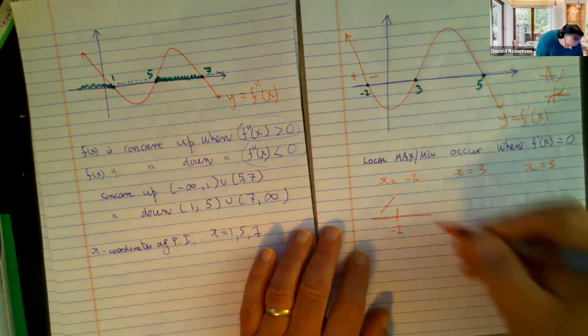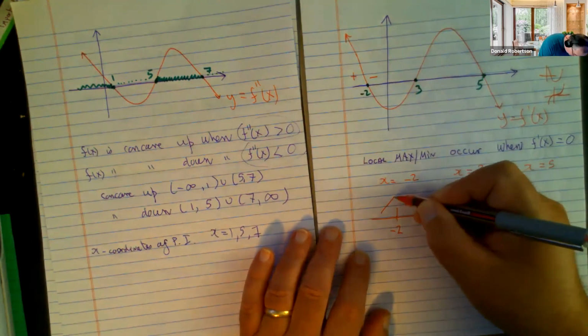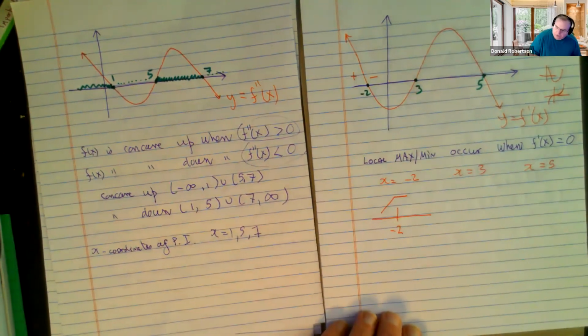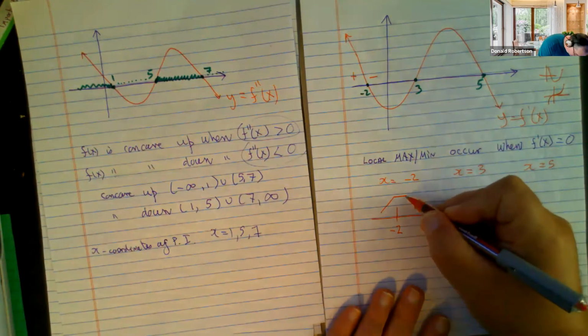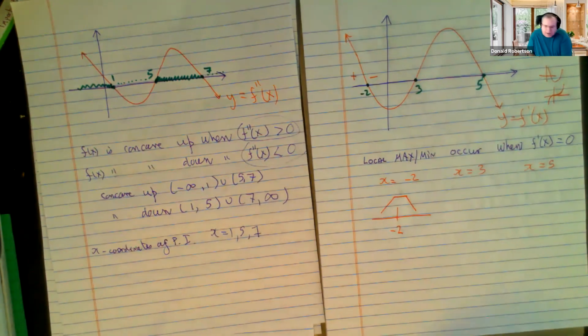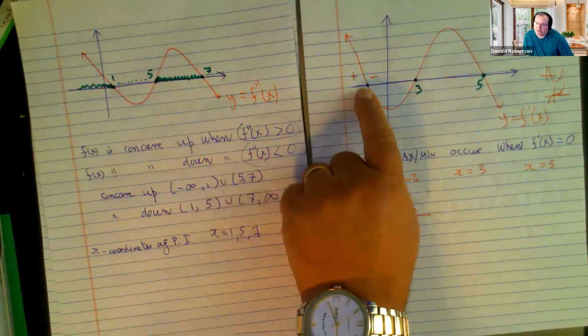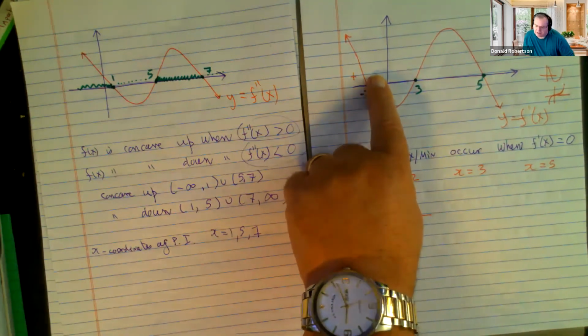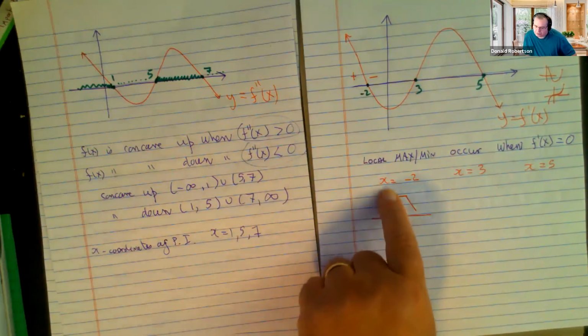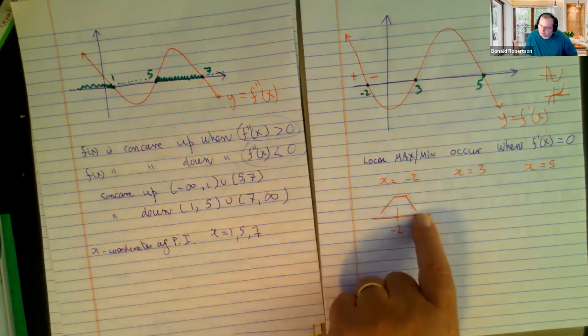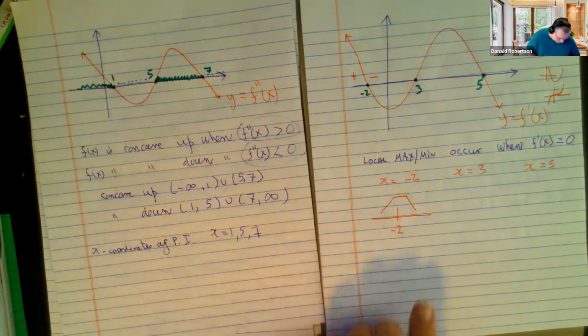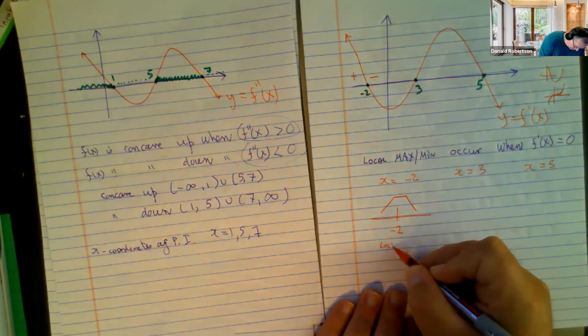Then its derivative is 0, so doesn't that mean it's horizontal? And then the derivative is negative. Can you see that combination generates a local max? Positive derivative, 0 derivative, negative derivative. Positive, 0, negative. So I know there's a local max there.